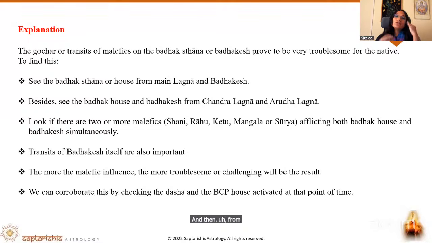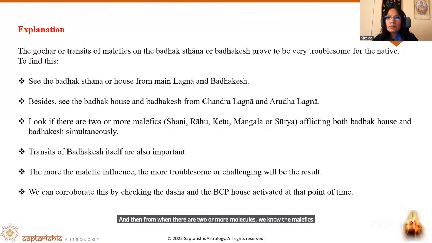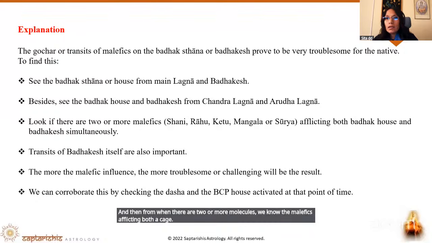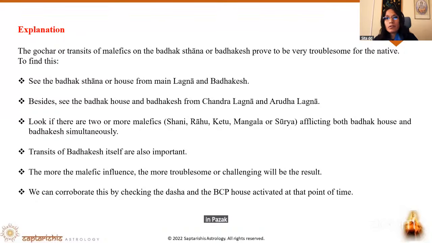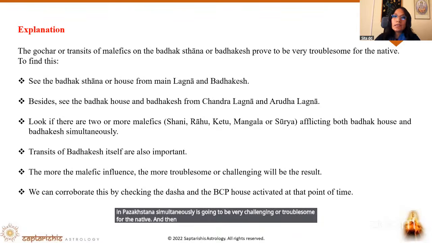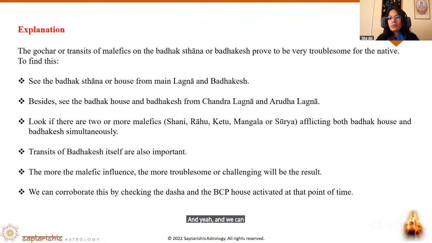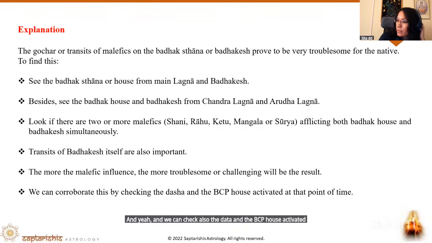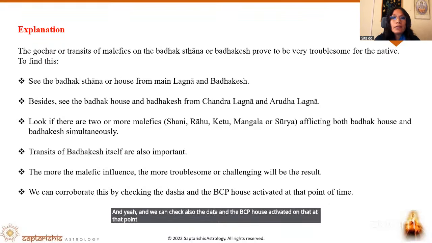And when there are two or more malefics afflicting both Badhakesh and Badhastana simultaneously, it is going to be very challenging or troublesome for the native. And then also the transits of Badhakesh itself on Badhakesh or on Badhastana are also important. And we can check also the dasha and the BCP house activated at that point of time.